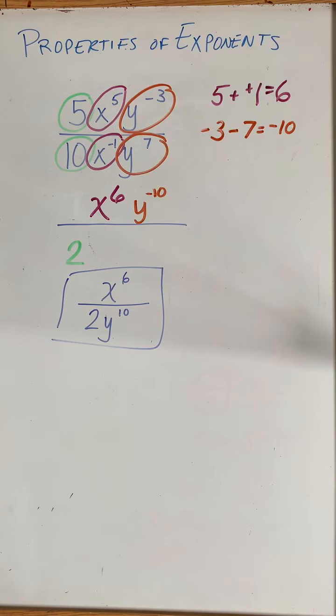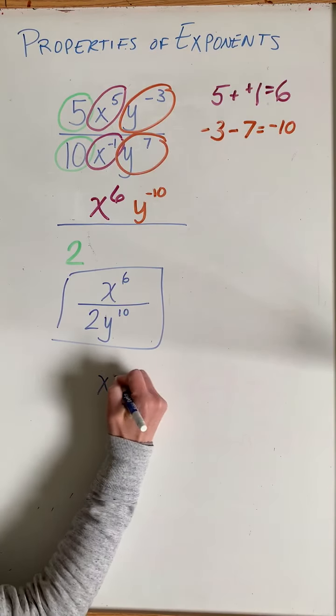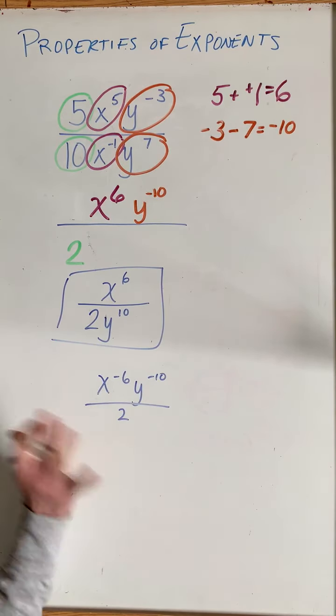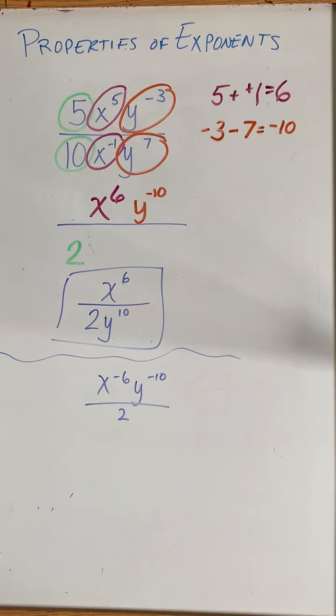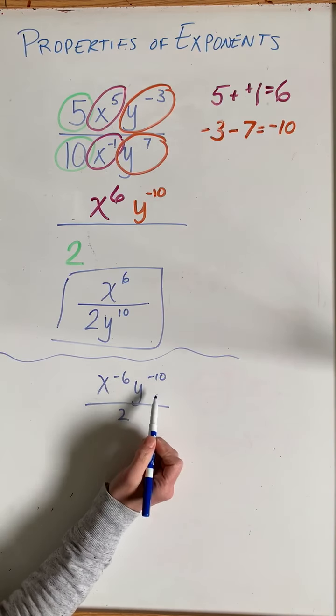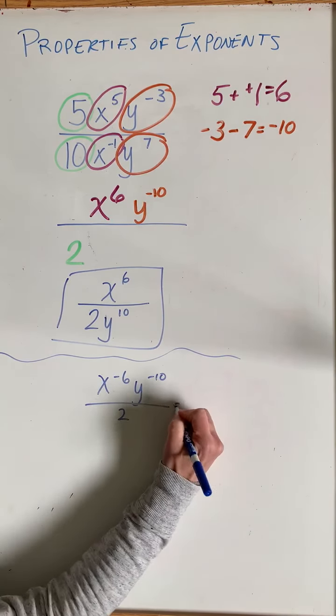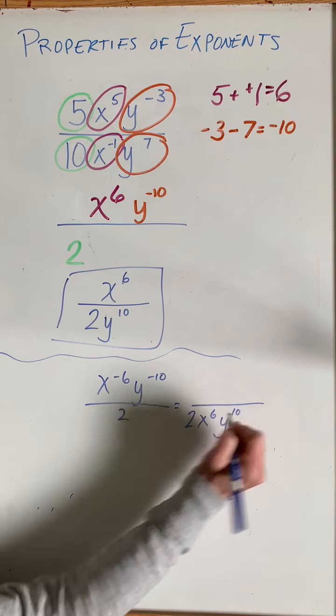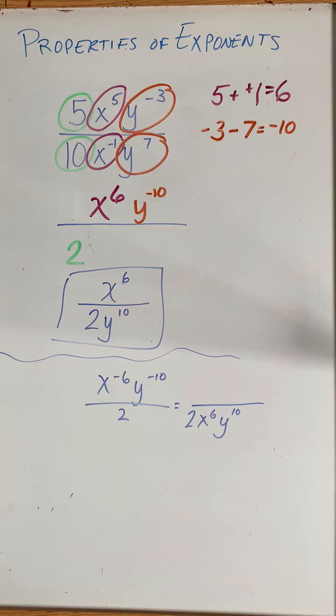Let's just say though, just for another example so that you can see, let's say those were both negative, right? They're obviously not, and this is a separate thing, but just so you can see if they both are. So if these are both negative, we would have to move both of them to the denominator, right? So this would become 2x to the 6th, y to the 10th in the denominator. Well, what are we left with then in the numerator, right?